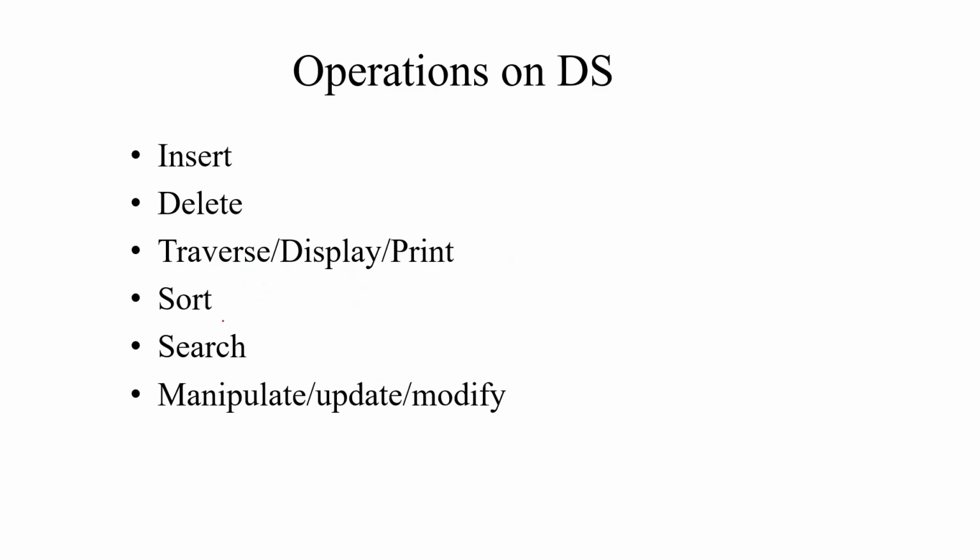Other than that, we can sort and search the data, and we can manipulate, update, or modify it also. Sometimes we can use other operations, maybe merge, but all other operations will include some kind of insertion, deletion, or searching. So these are the operations which we will perform on every data structure.